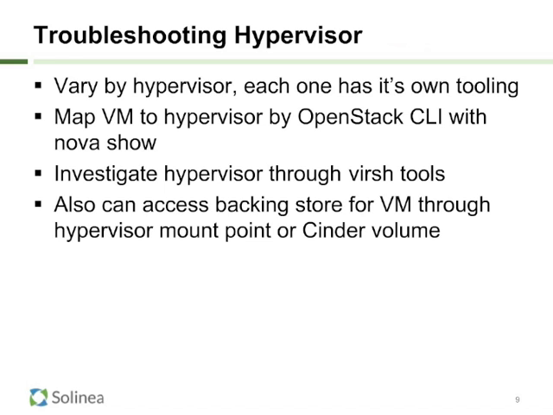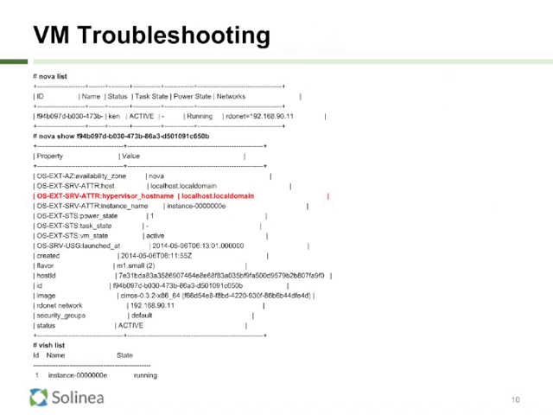Here's a troubleshooting path that we've done, trying to see through to the virtualization level where our VM actually is. While this picture is fairly small, and I apologize for the small type, if you get the slides you should be able to see this at a higher resolution. Nova list, the Nova command line tool, will show us a list of our running or any active state instances on our cloud.